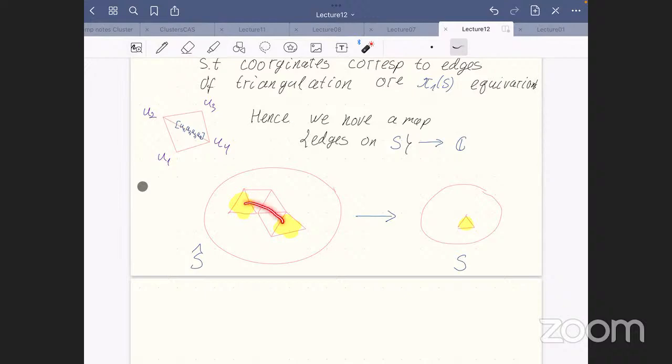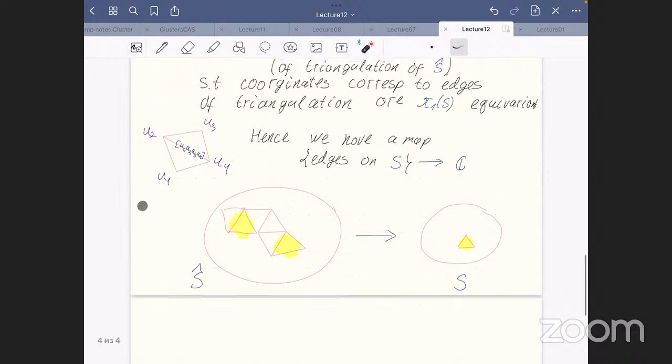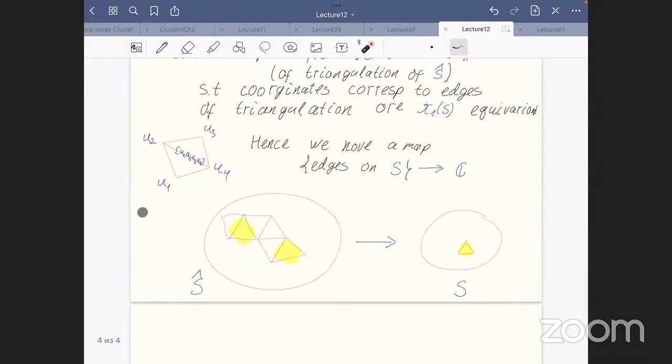I assume that, for example, this fundamental group can map this foregone to this foregone, and I do not assume that all the corresponding flags coincide, but I assume that there is a map.